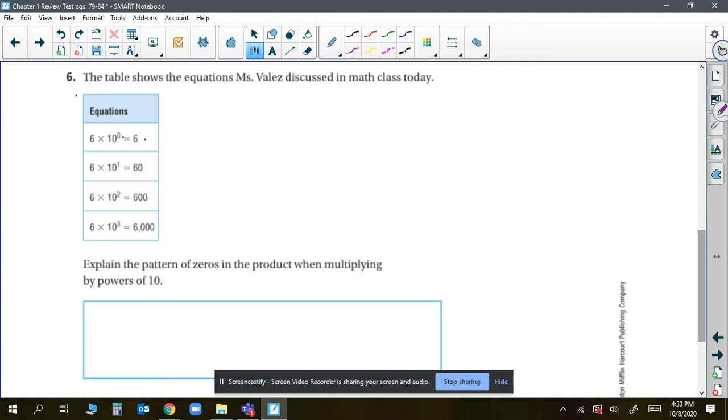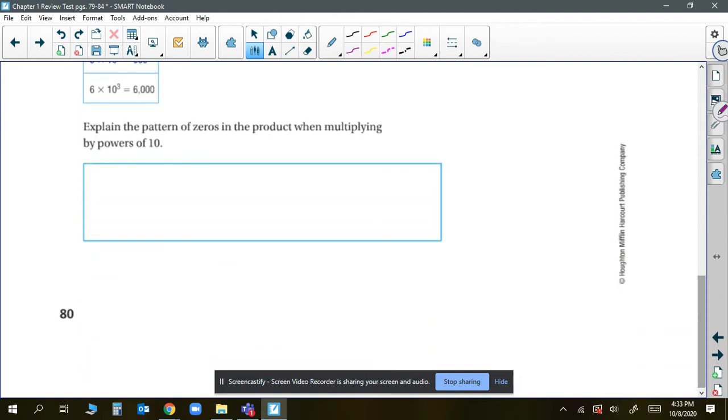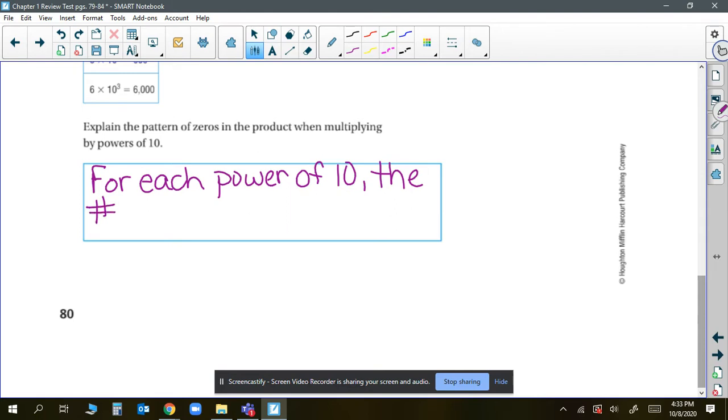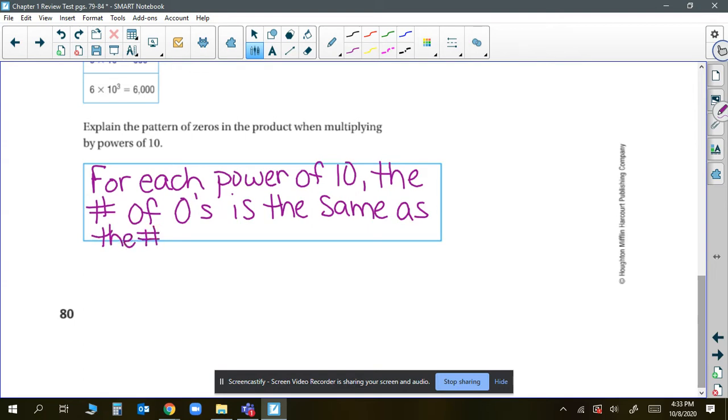Okay, so let me move this up a little bit. For each power of 10, the number of zeros is the same as the number in the exponent, and we've already talked about that.